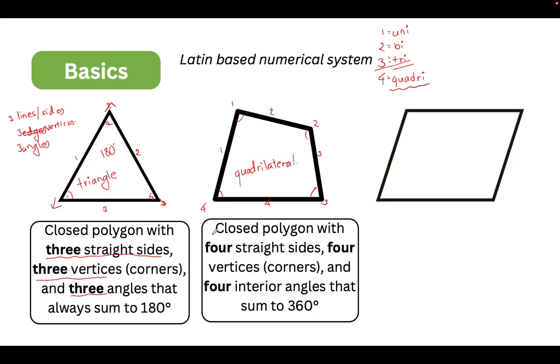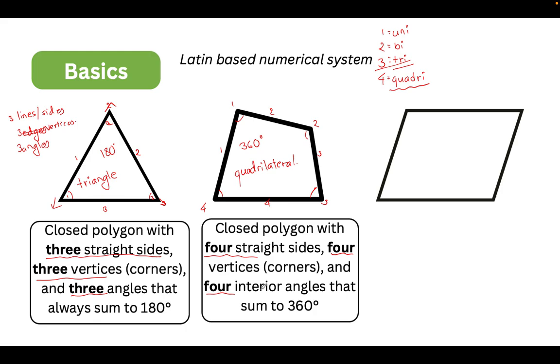Here the definition is a closed polygon with four straight sides, four vertices or corners and four interior angles that sum to 360 degrees. So the sum of the interior angles of a quadrilateral is equal to 360 degrees.